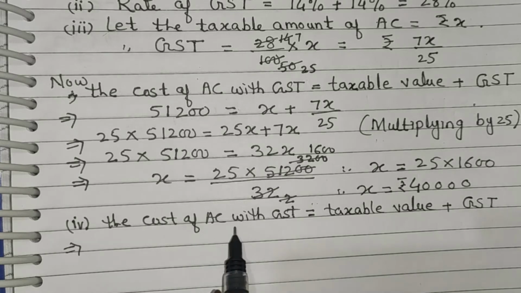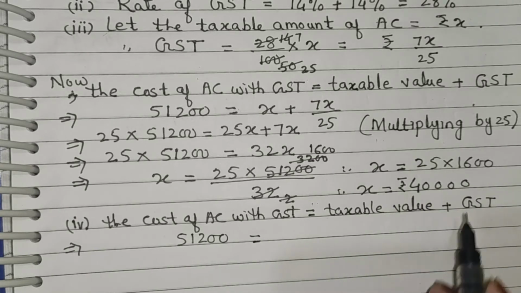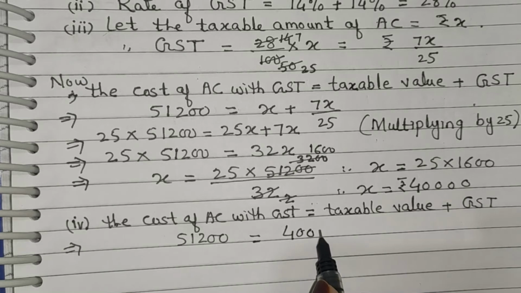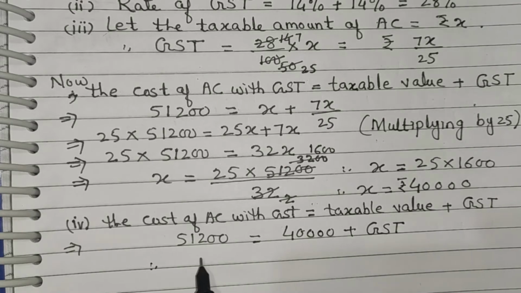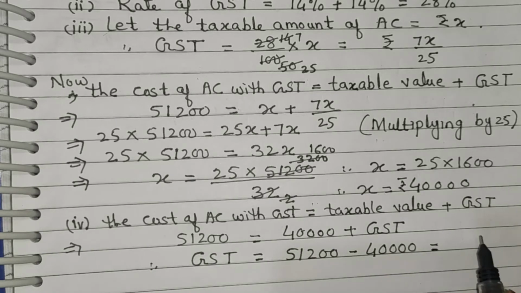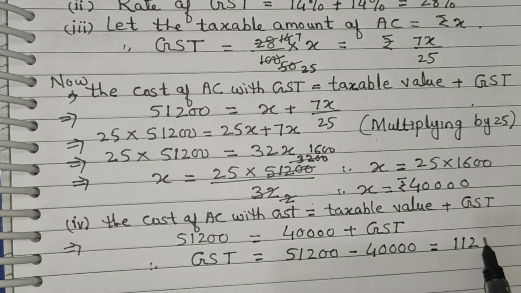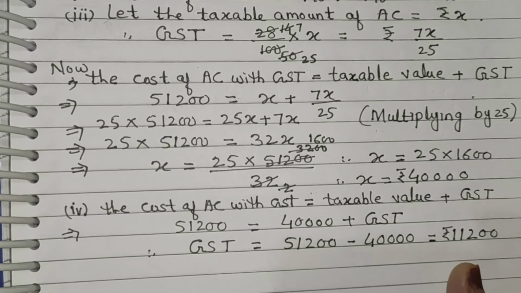Now the cost of AC with GST is given, 51,200, is equal to taxable value calculated here, which is equal to 40,000 plus GST. Now therefore GST is equal to 51,200 minus 40,000, which is equal to 11,200. It is the value of GST, amount of GST.